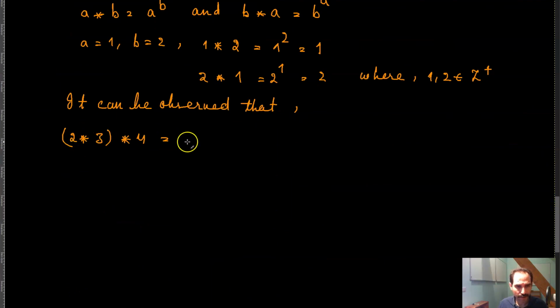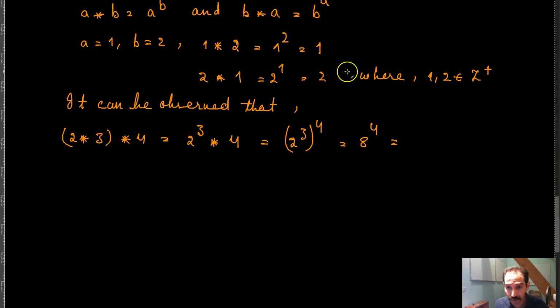So 2 star 3 is 2 raised to the power 3, star 4, which is the same thing as 2 raised to the power 3 raised to the power 4. And this is equal to 8 raised to the power 4, which is equal to 4096. You can call this, for example, 2 raised to the power 12 or 8 raised to the power 4.